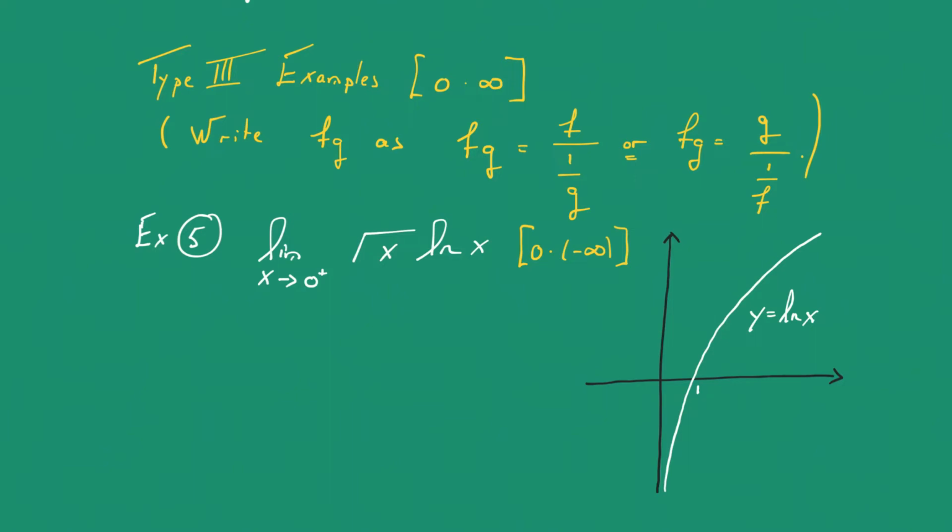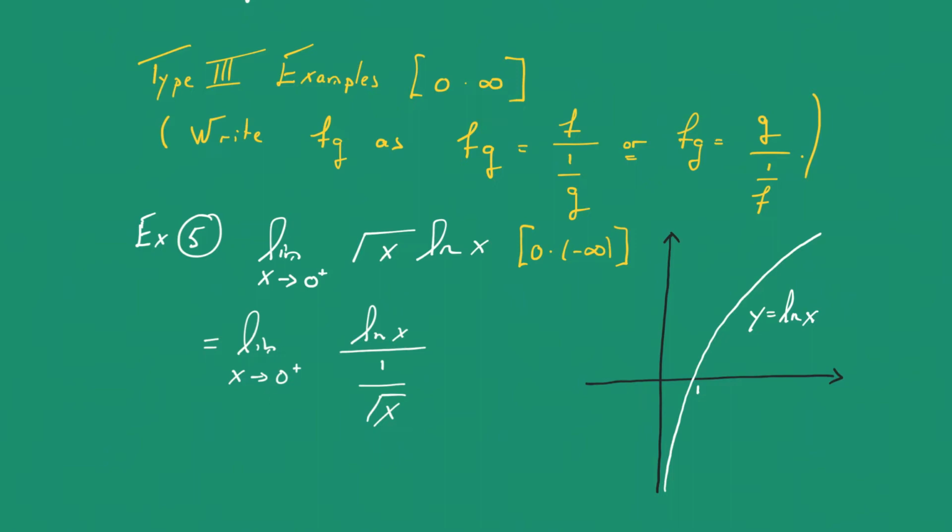All right, so what is this equal to? It's equal to the limit as x tends to 0 from the right of log x over 1 over root x. And if we look at this, we now see, well, the numerator, log x, that's still tending to minus infinity as x tends to 0 from the right.